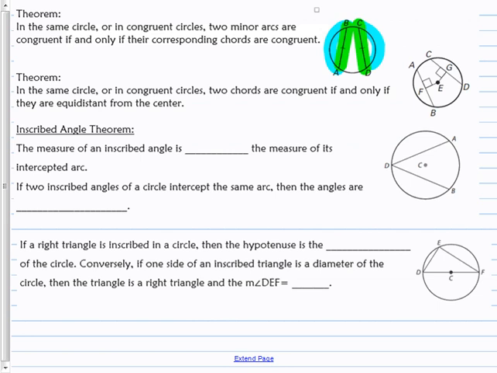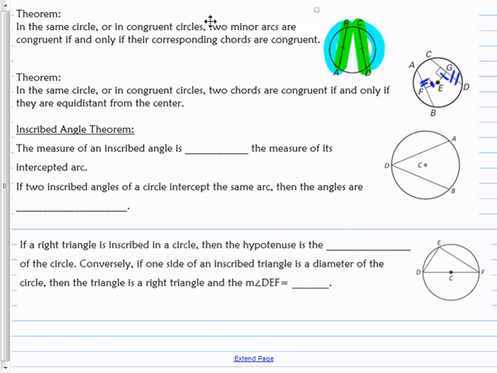The next theorem says, in the same circle or in congruent circles, 2 chords are congruent if and only if they are equal distance from the center. Okay? So if I know that this piece FE is equal to this piece, GE, that means those 2 chords are equal to each other as well.